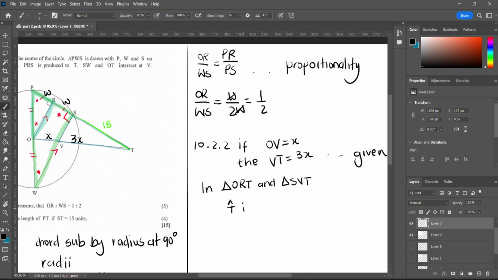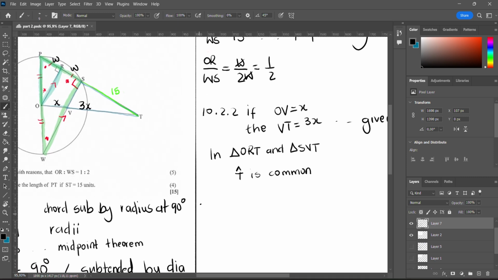angle T is common. Right. The second thing we know about these angles is that this angle is 90 degrees right here. This angle is 90 degrees and this angle is 90 degrees.